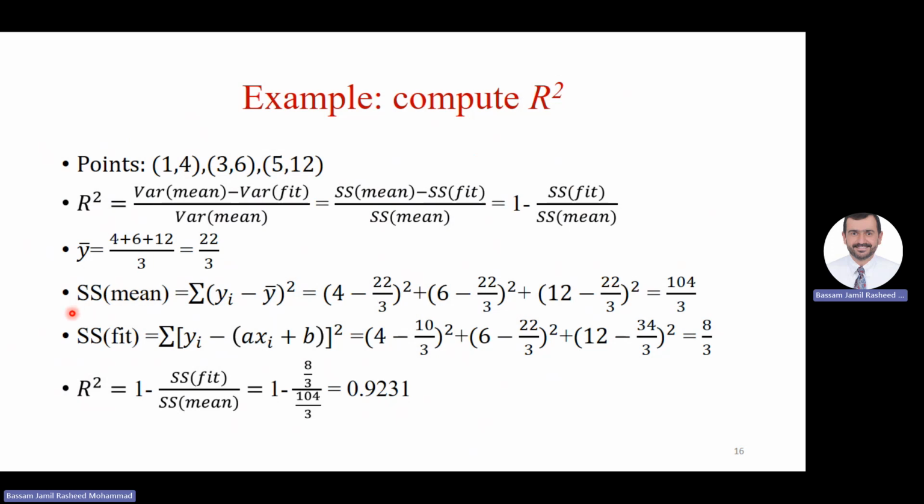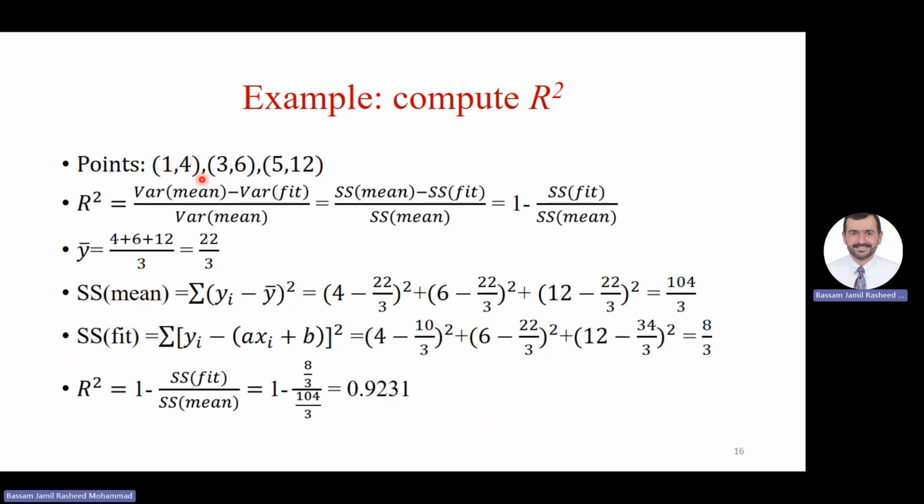Okay, so this comes up to 104 over 3, and then we compute the same SS for a fit, but now instead of using the y average, I use the value that I get from the line. So I fit these values, take the x coordinate, apply it into the linear equation that I got. I get 10 over 3.